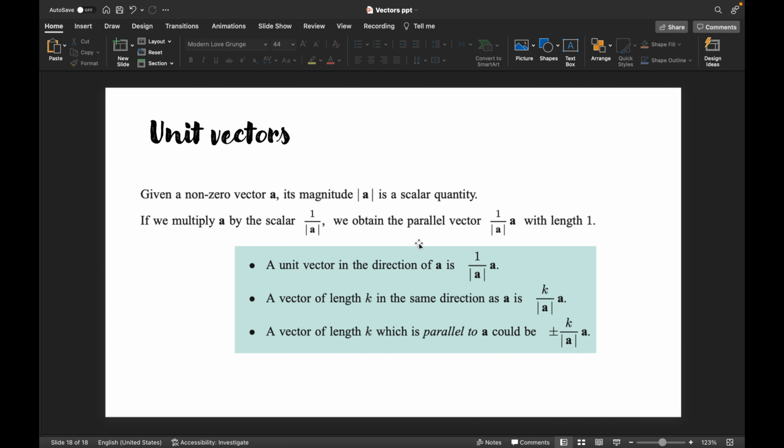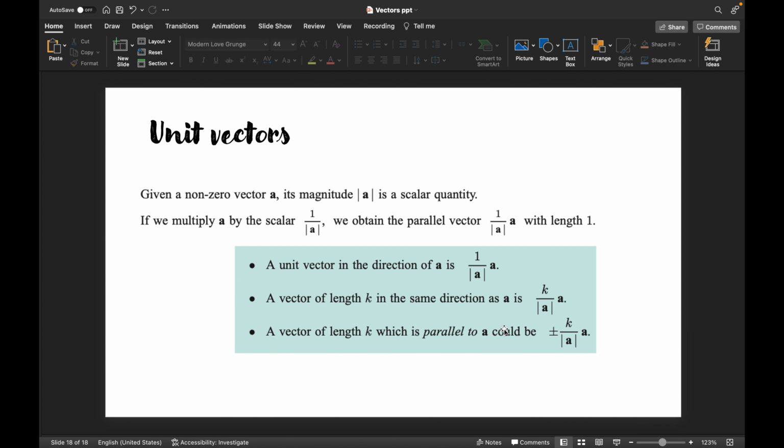Since they are parallel vectors and magnitude doesn't matter, we're trying to indicate the direction of the vector. So a unit vector in the direction of A is 1 divided by the modulus of A multiplied by the vector A. And a vector of length k in the same direction as A is k divided by the magnitude of A multiplied by the vector A. It's basically that.